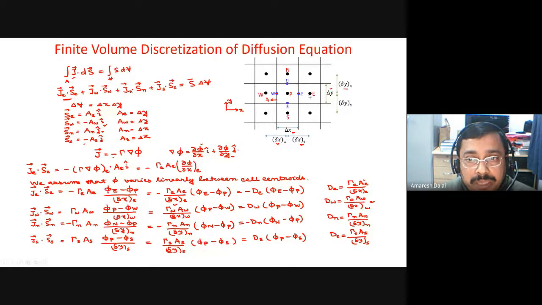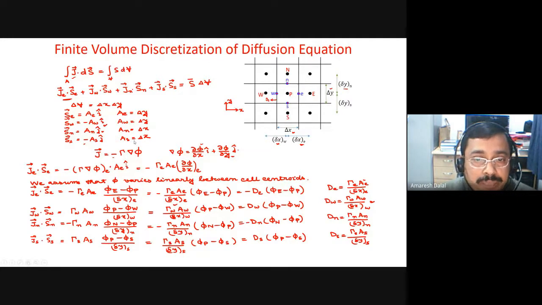So when we consider the west face, it becomes minus AW i, because the normal is opposite to the x direction. When we consider the south face, it will be minus AS j, where j is the unit vector in the y direction, but as the normal on the south face is negative to the y direction, it becomes minus.